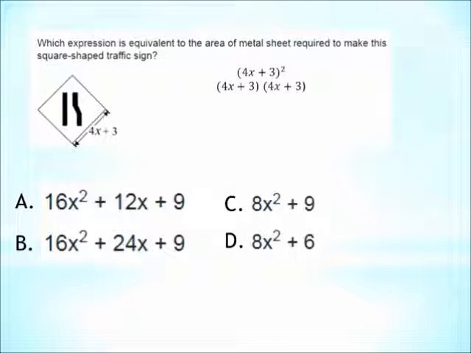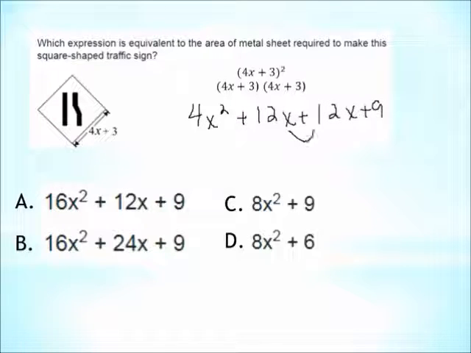And let's see, which choice would we have? The answer here, after we FOIL, remember, 4x squared plus 12x plus 12x plus 9. We're going to combine like terms here, and we would get B as our final answer.